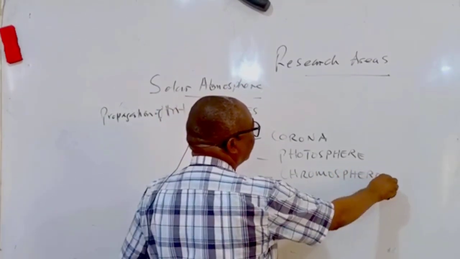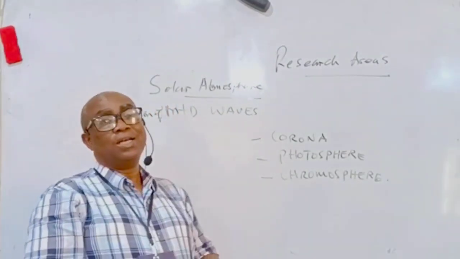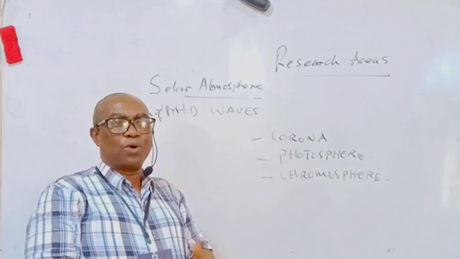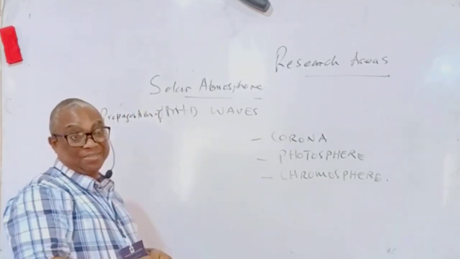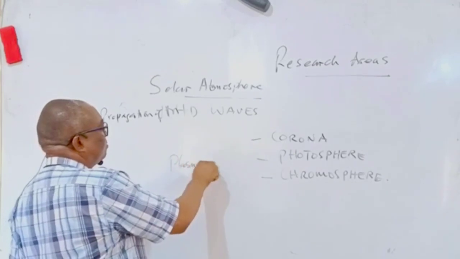These are typical areas of our contributions. And these layers actually depend on the plasma beta.